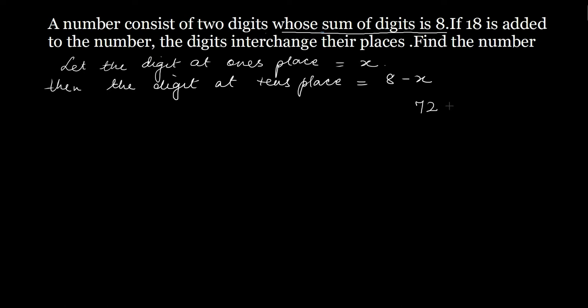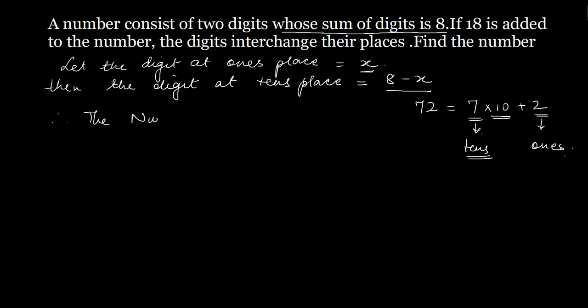Let us first consider any two-digit number. Let us take 72. If we expand this number, we write 7 into 10 plus 2. So here 7 is the digit at tens place and 2 is the digit at ones place. What we are doing here is multiplying the digit at tens place by 10 and adding the digit at ones place.